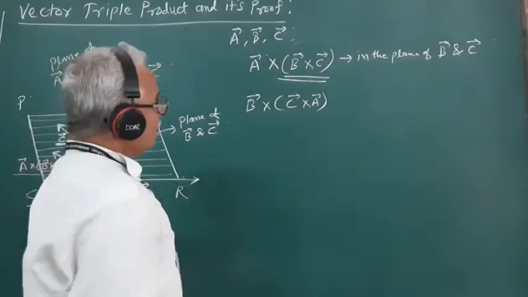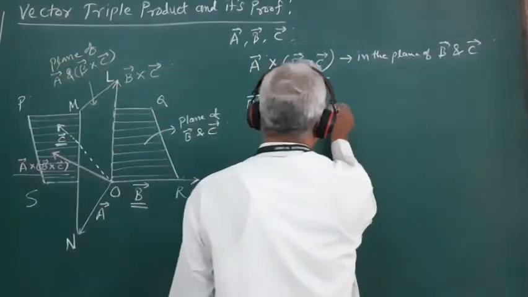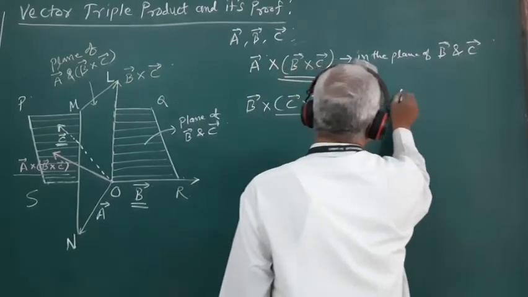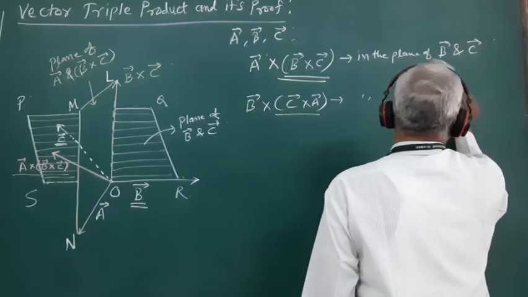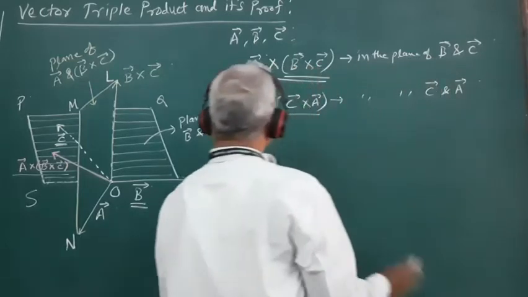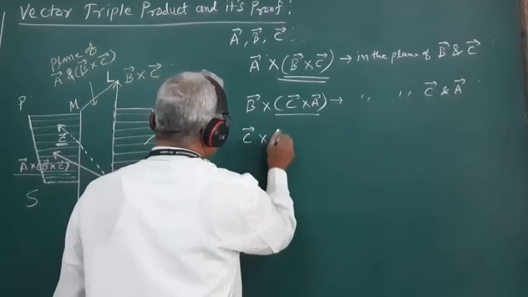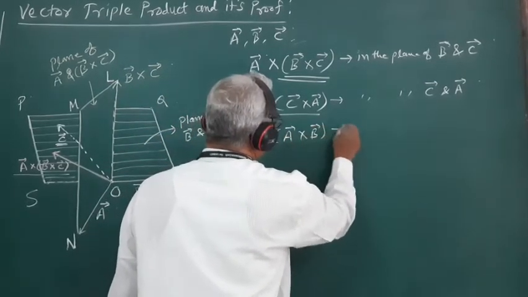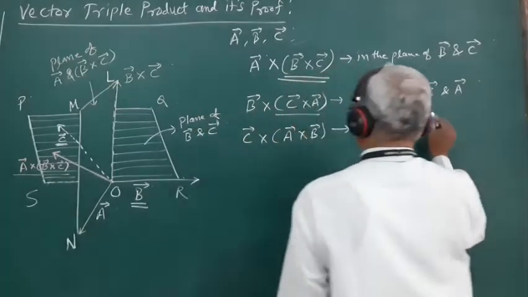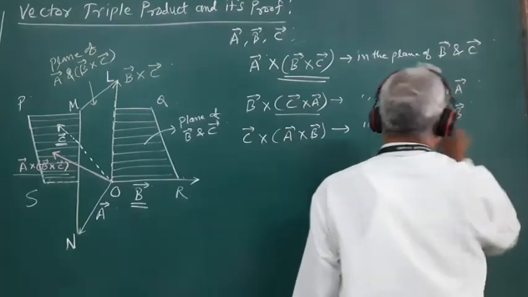So, what will we observe here? This vector triple product will lie in the plane of C bar and A bar. As well, the vector triple product C bar cross A bar cross B bar will lie in the plane of A bar and B bar.